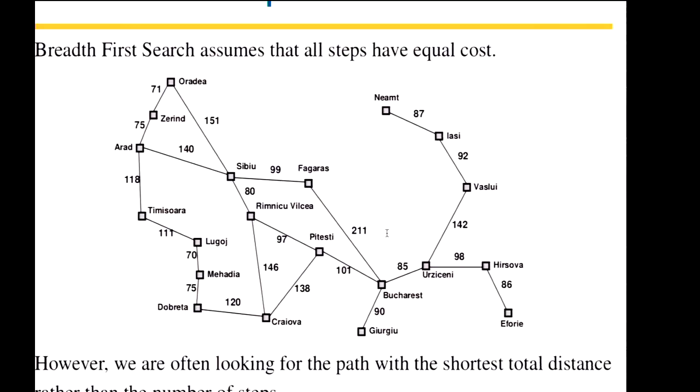I'm going to tell you the length of each of those roads. And if you think about it, really, I'd rather minimize the distance rather than the number of roads. So what's really important is taking a path which has the least distance.